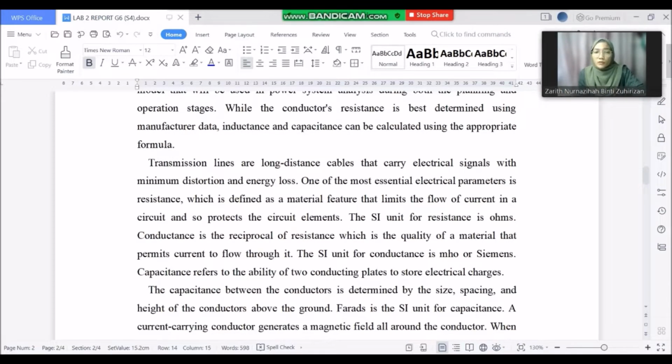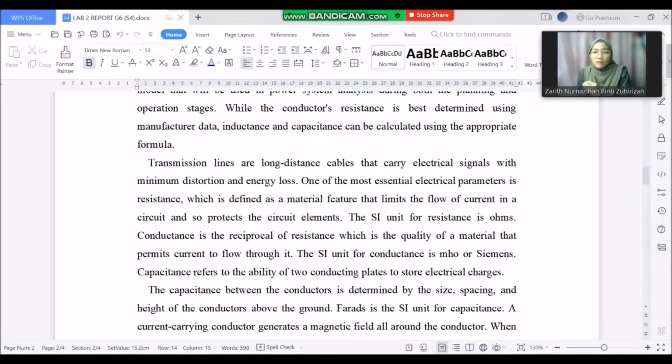One of the most essential electrical parameters is resistance, which is defined as a material feature that limits the flow of current in a circuit and so protects the circuit elements. The SI unit for resistance is ohms. Conductance is the reciprocal of resistance, which is the quality of material that permits current to flow through it.